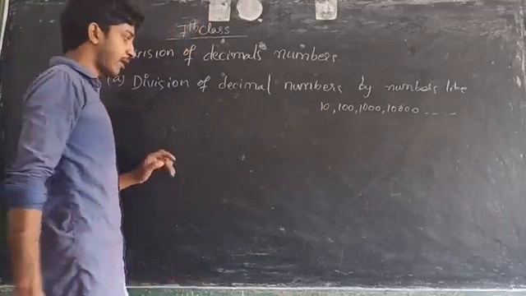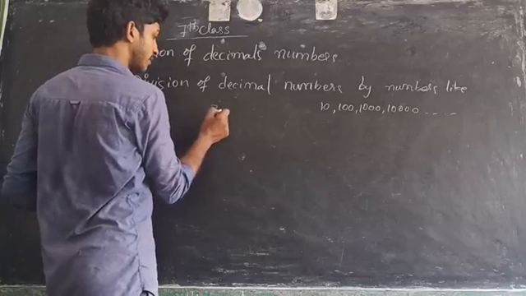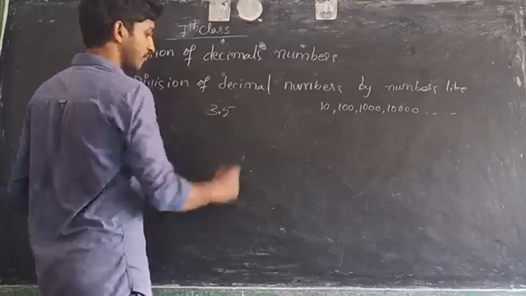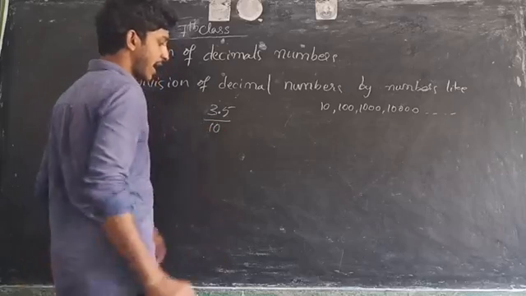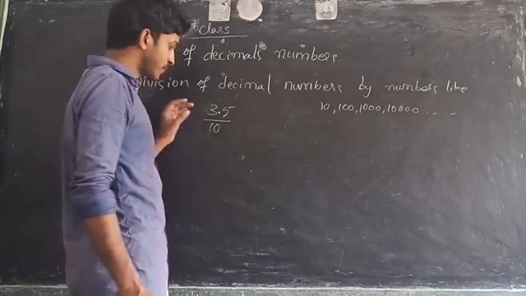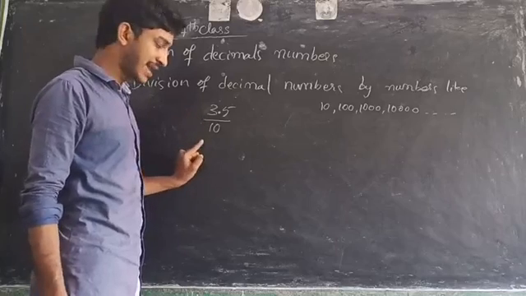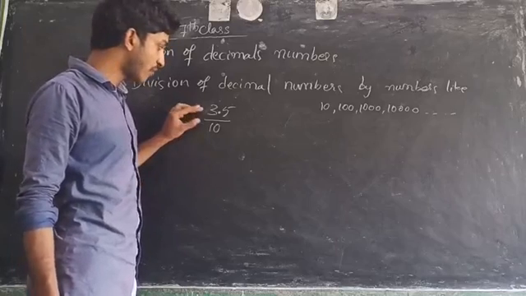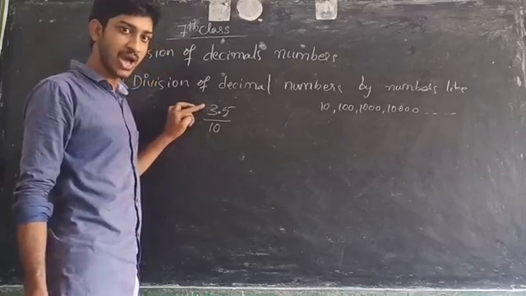See here one problem. 3.5 divided by 10. I am dividing 3.5 by 10. Here 3.5 is a decimal number and 10 is a whole number, so we have to convert this decimal number into a whole number.